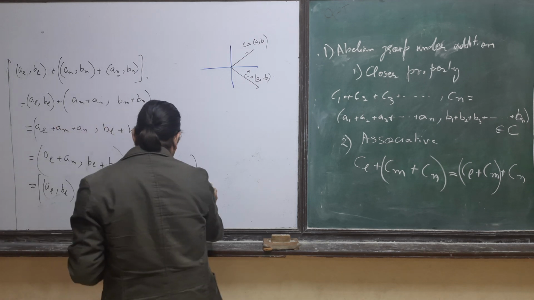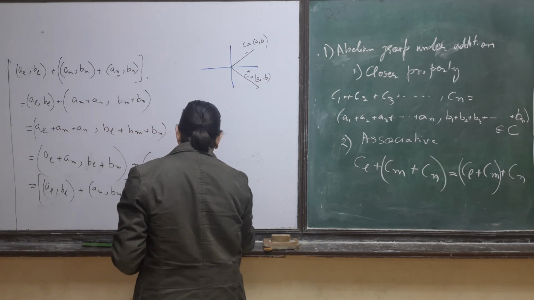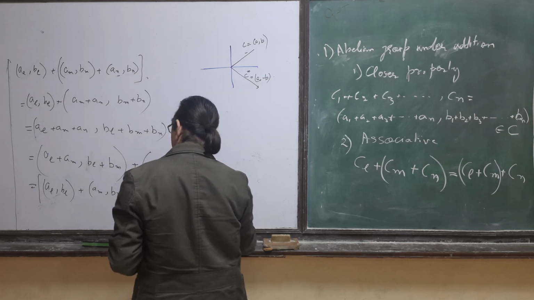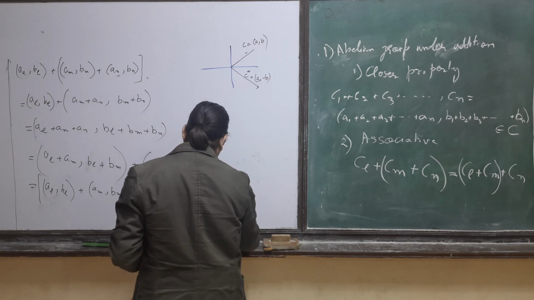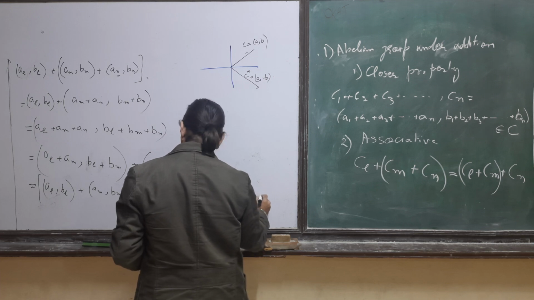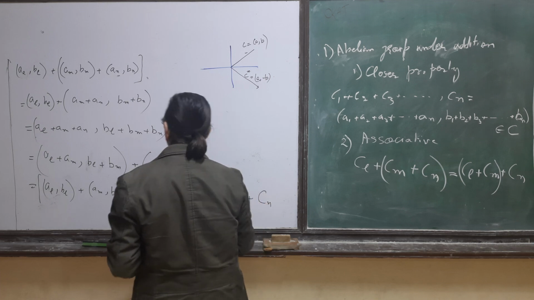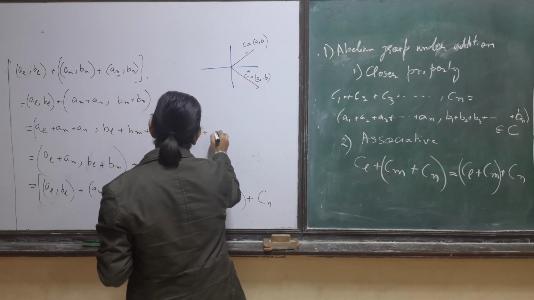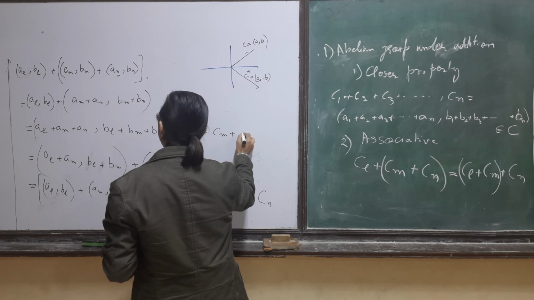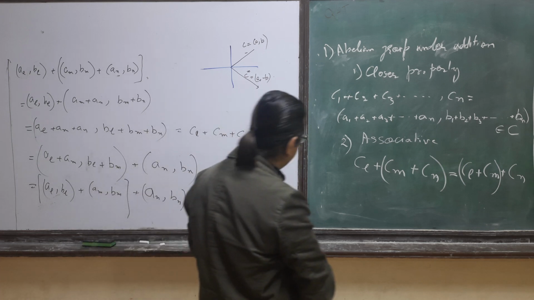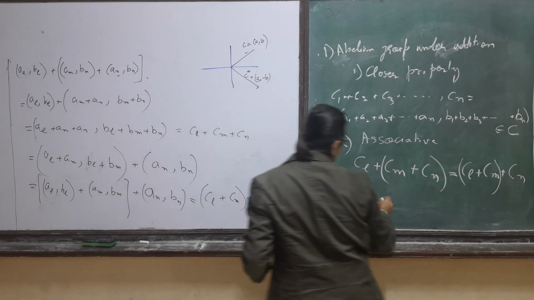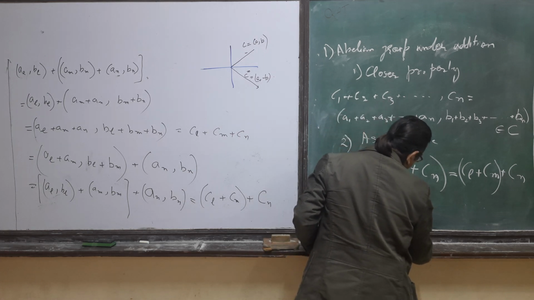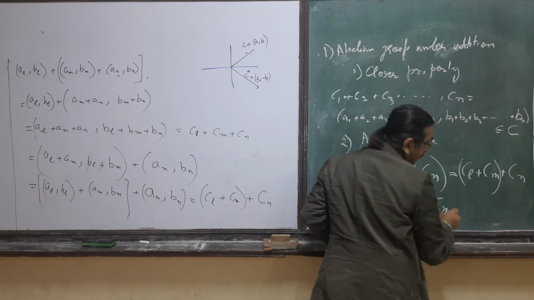What is this? This is Cl plus Cm plus Cn. Actually, I must write that this is also equal to Cl plus Cm plus Cn. These are the properties.